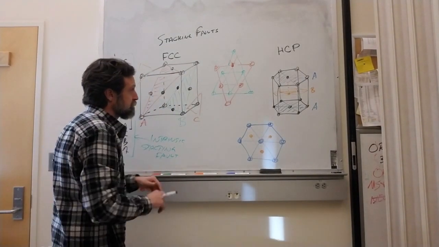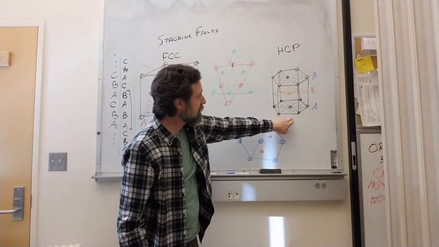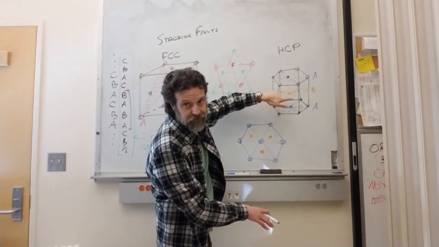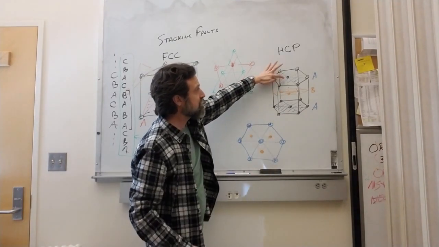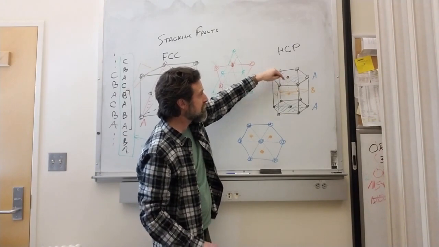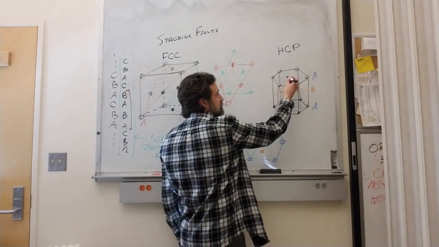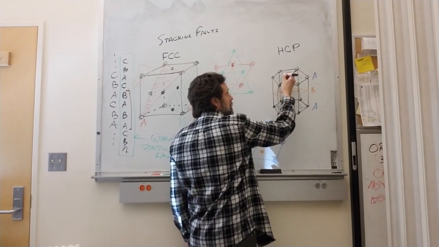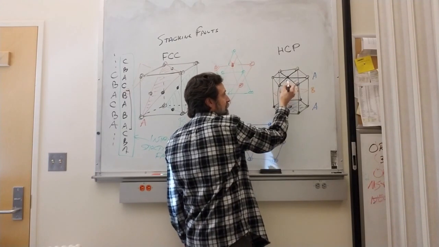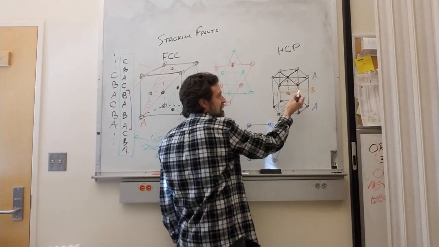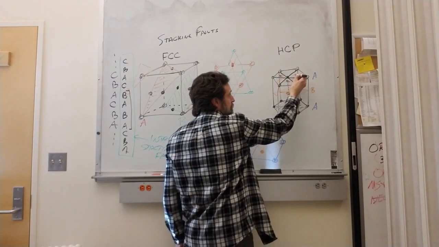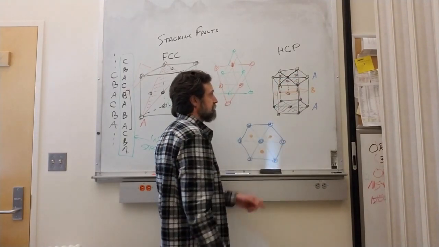And this AB stacking is what we find in the hexagonal close-packed structure. In the hexagonal close-packed structure, you have two hexagons on the top and the bottom, and then in the middle, you've got still hexagons, but the orange atoms aren't centered right on top or right between the atoms, they're actually centered in the middle. So if I draw these triangles in a little bit more prevalent, you can see where the orange atom is, here and here and here.